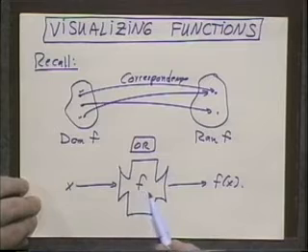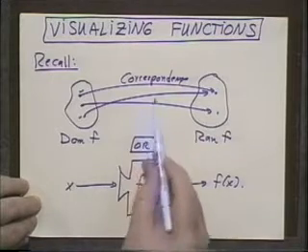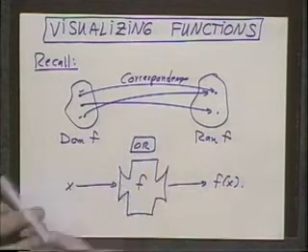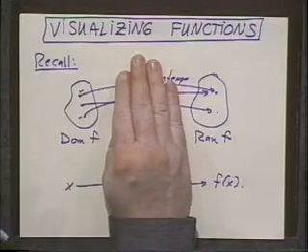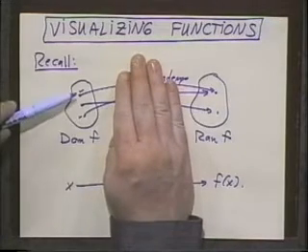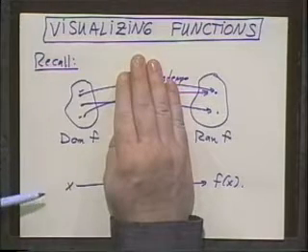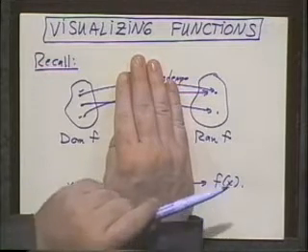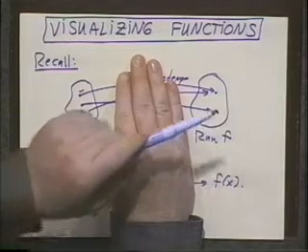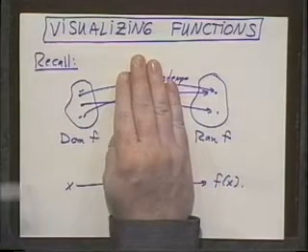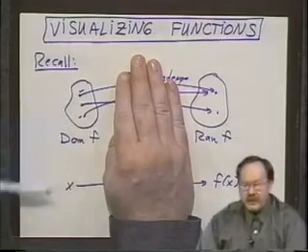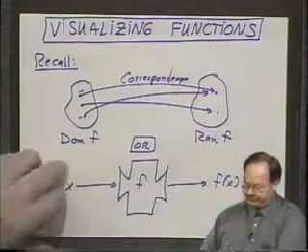Well, we like to know the actual machine of the function or the correspondence somehow. But as I said before, if we cover up the center part here, and all we knew were the points on the left and their corresponding matches on the right, in each case, the x and the f of x over there, the points here and the points there, then we would know, if we knew that for everything in the domain, we would know everything about the function.